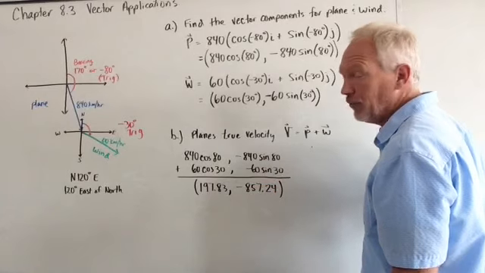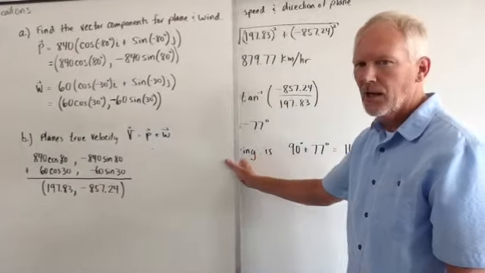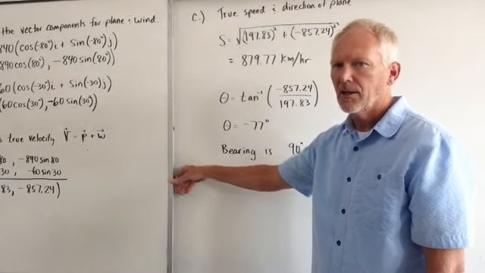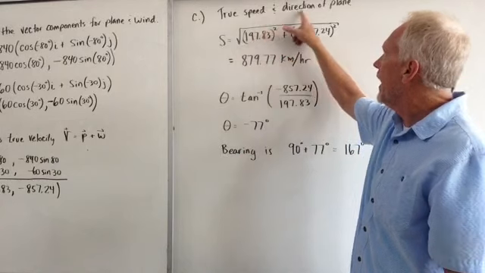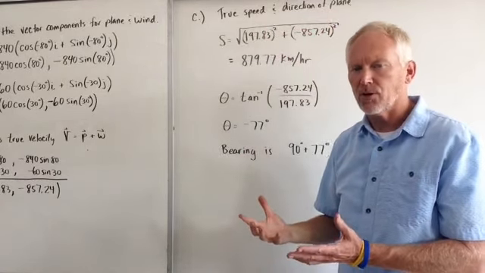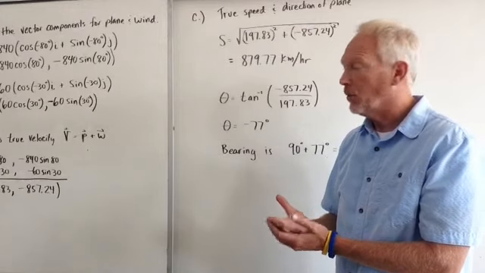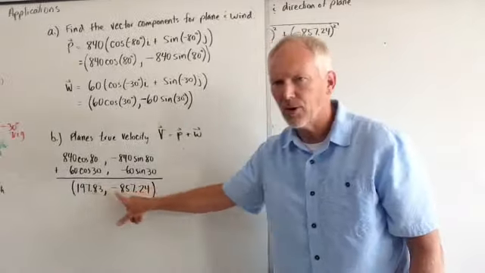All right. Well, velocity is different than speed, right? So speed is what we're going to look at next. This one says, find the true speed and direction of the plane. Well, speed and velocity are different. So in order to find speed, we take the magnitude of our vector components.